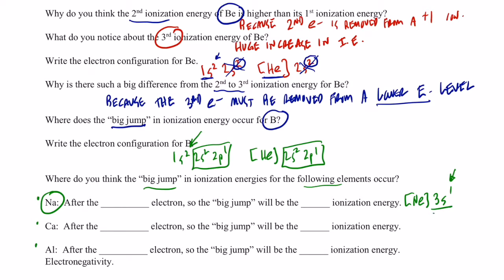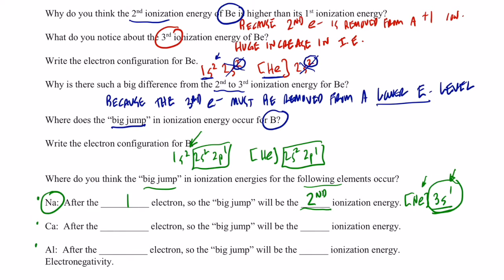True story, because it's in the third energy level. So after the first electron, it's not so bad to take away. So the big jump will be the second ionization energy. See, the first one comes from the third energy level. The next electron I would have to take away would come from an energy level that's closer to the nucleus. So the big jump in sodium I would suspect to be the second ionization energy.